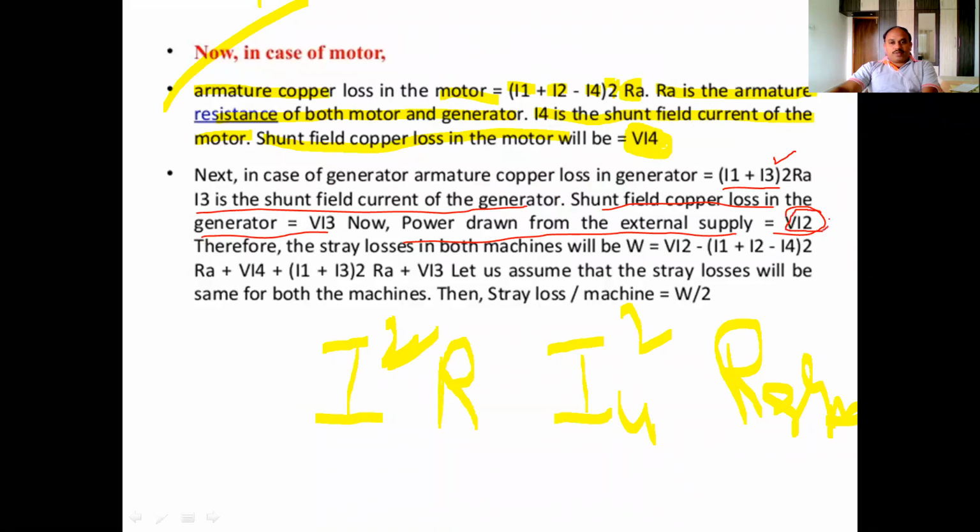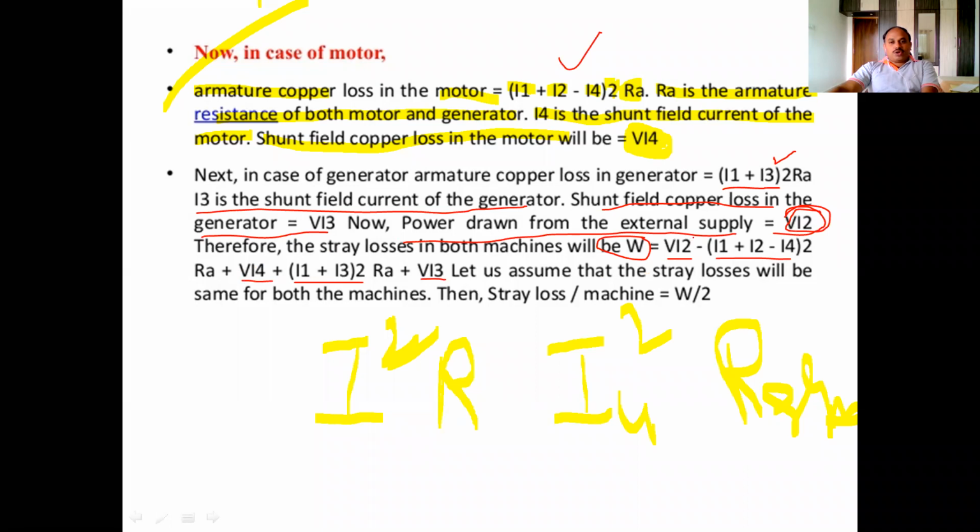So this is power taken from the external source, voltage into current. Therefore, stray losses in both machines. Stray losses means constant losses. So W is equal to the power taken from the external source, V into I2, minus the armature copper losses of the generator, the armature copper loss of the motor, I1 plus I2 minus I4 whole square, the shunt field copper loss of the motor, the armature copper loss of the generator, and the shunt field copper loss of the generator.